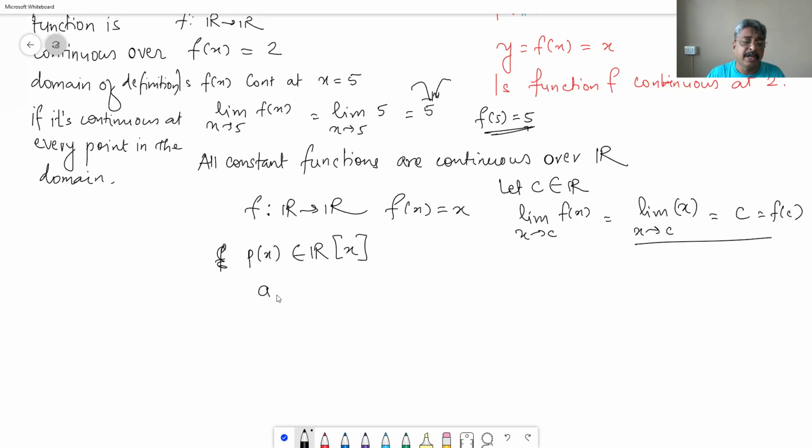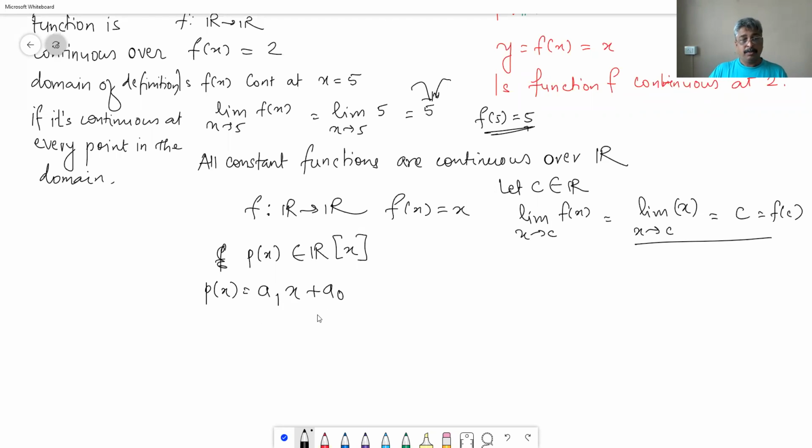Suppose a linear polynomial, if I take p of x equal to a1x plus a0, then p of x is a polynomial function, if it is defined from R to R, that is what this is.